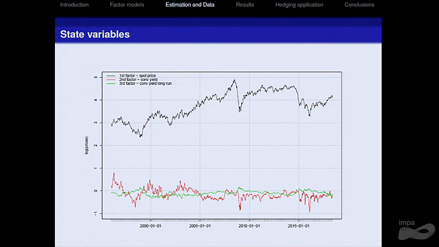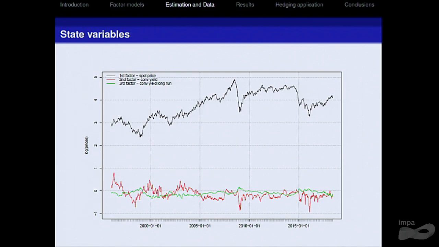Here I'm presenting only the state variables for the three-factor model. We extract the state variables of this calibration procedure. Here we have the spot prices in black. In red, we have the convenience yield. And in green, we have the third factor, which is the long-run average of the convenience yield.